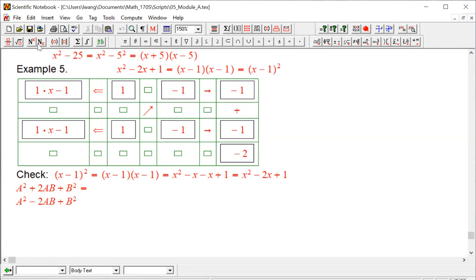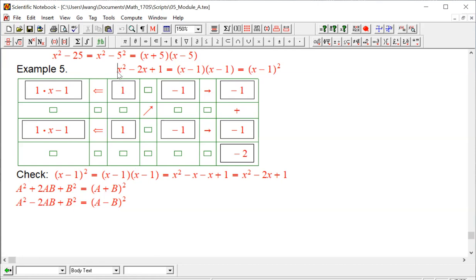And these will make a perfect square. So a plus b squared, and this other one would equal a minus b squared. Okay, the key is to identify the perfect square here, right?